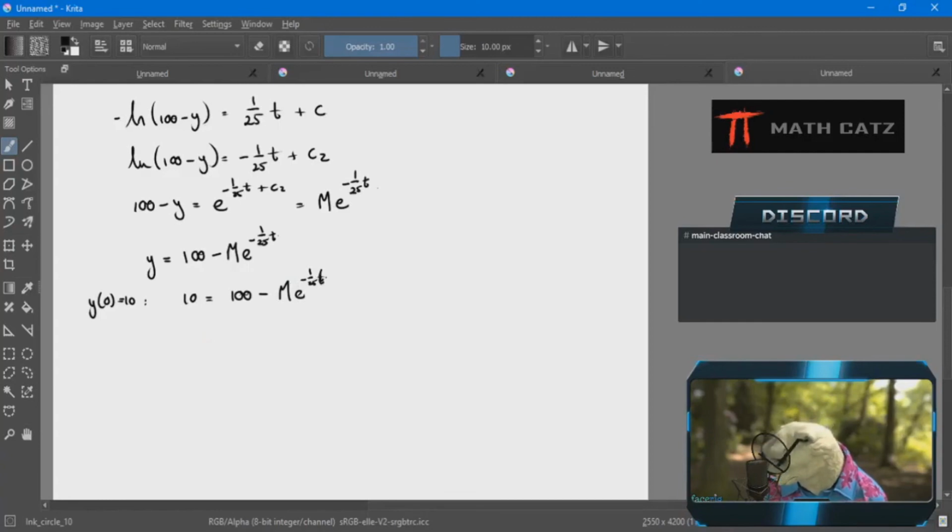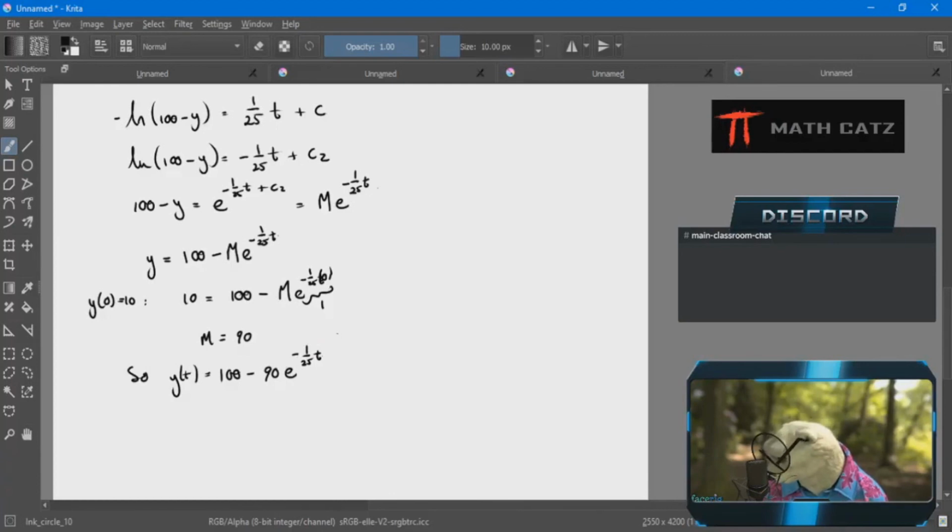Whoops, I have not t here, I have 0 here, making that a 1. So m is 90. And so my solution to the differential equation of the pounds of salt that changes over time is 100 minus 90 e to the negative 1 over 25 t.